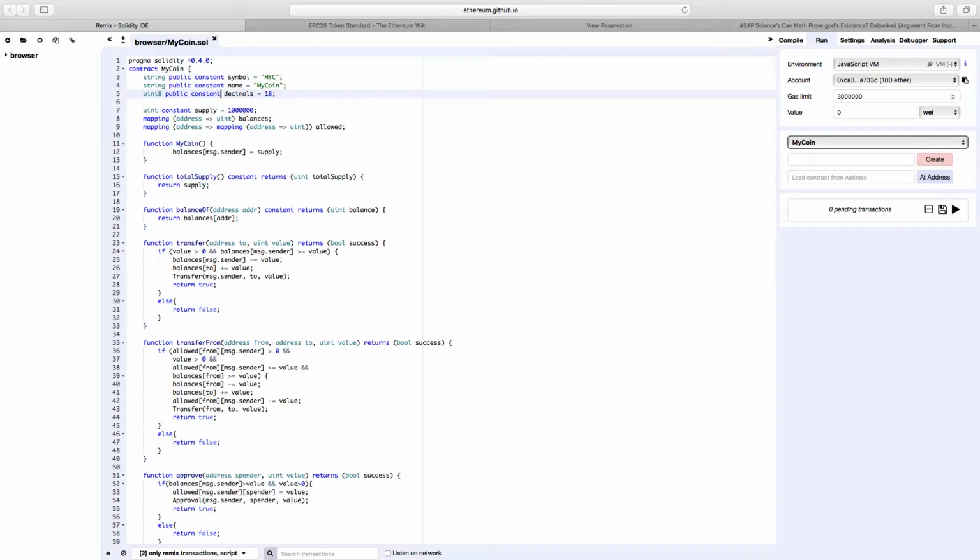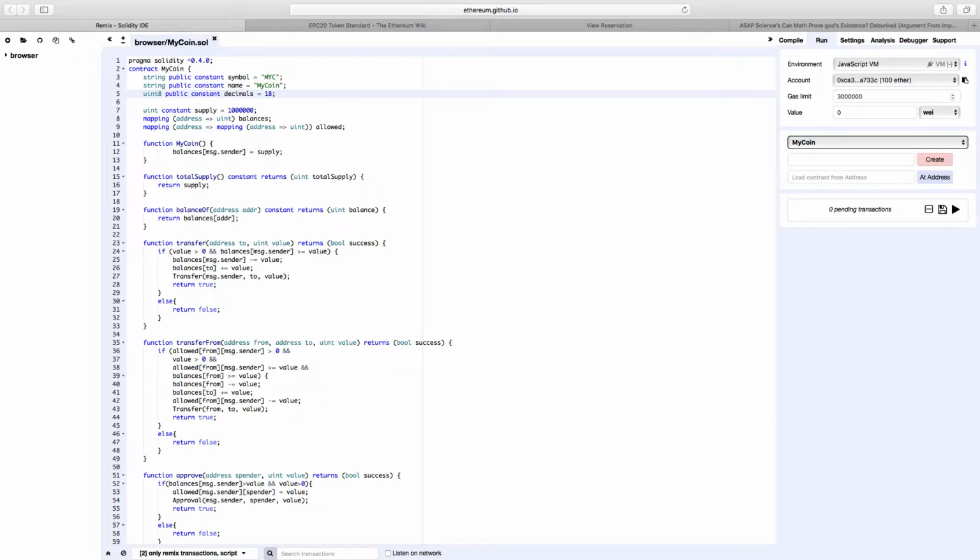So if the decimals of Ethereum is 18, that simply means that 1 followed by 18 zeros of Wei make up 1 Ether. Similarly, 1 followed by 18 zeros of my coin's smallest unit will make up 1 mega my coin or something. You get the idea. The standard is 18.